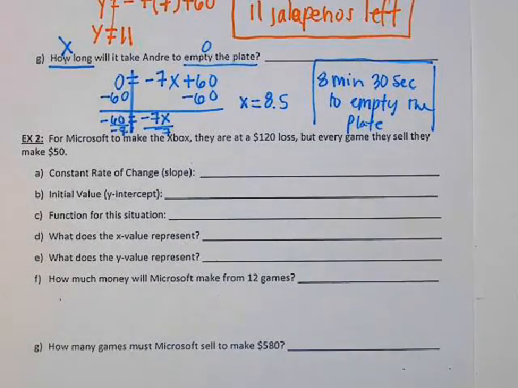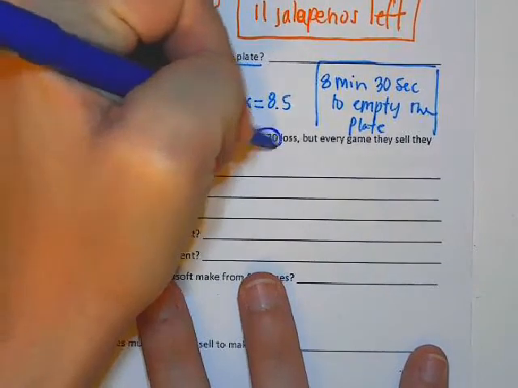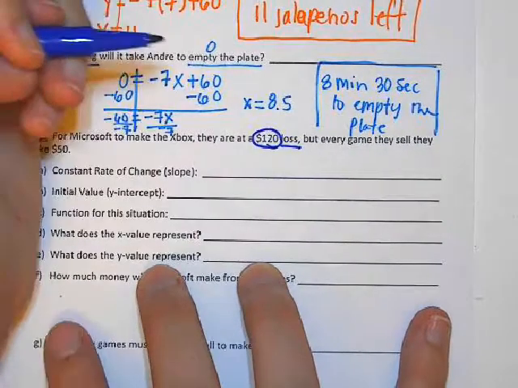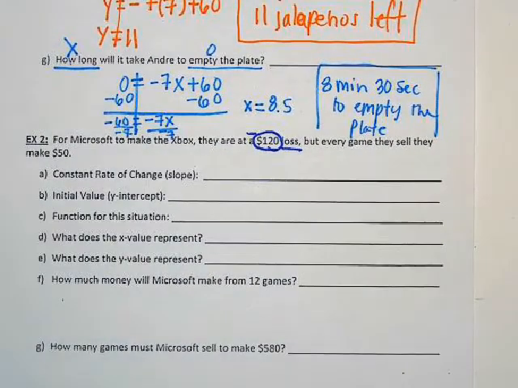Any keywords? 120. So circle it because it's a number. Loss means what? Subtract. Minus. So what this means is, in order for them to make an Xbox, they got to buy all the parts. When they buy all the parts, it costs them $120. So they're in debt $120 just to make the game. Okay, because they had to pay that.